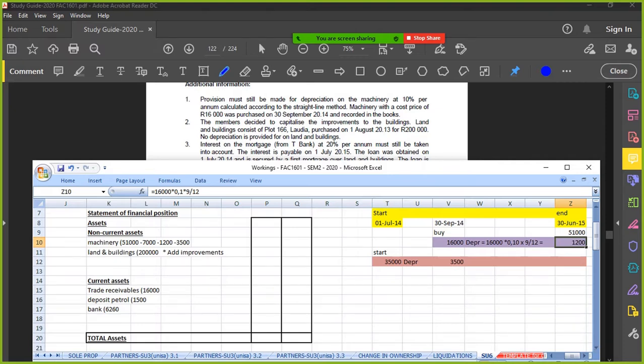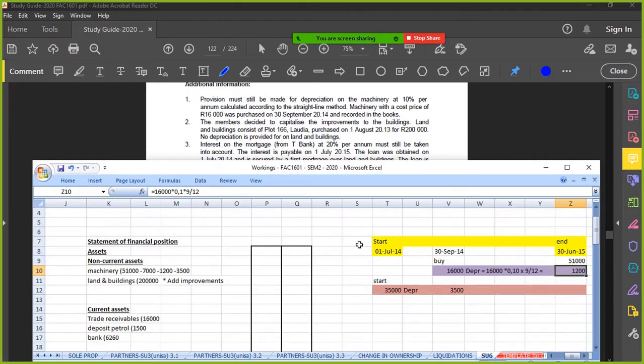You didn't give me 2. You said 1, 3, 4, 5, and 6. Okay, it's fine. If I didn't give you 2, we'll look at it. The members decided to capitalize the improvements to the buildings. Remember, we said capitalize means to add to the balance, right? Yes. The land and buildings consisted of a plot purchased, obviously, previous financial year, August 2013, for 200,000.